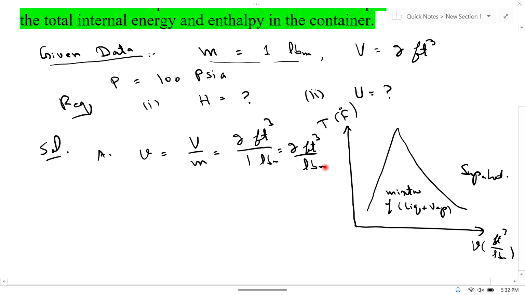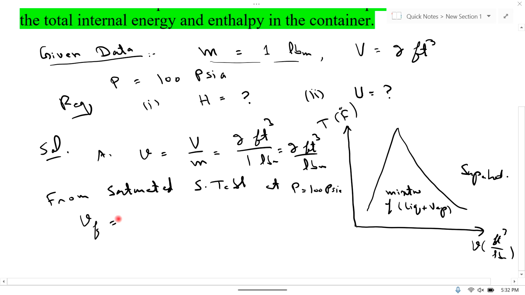Now from the saturated steam table, at pressure equal to 100 psia, find Vf.